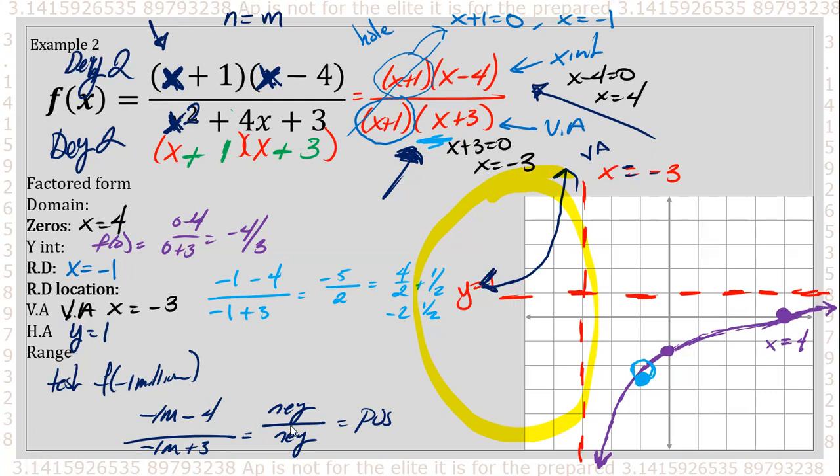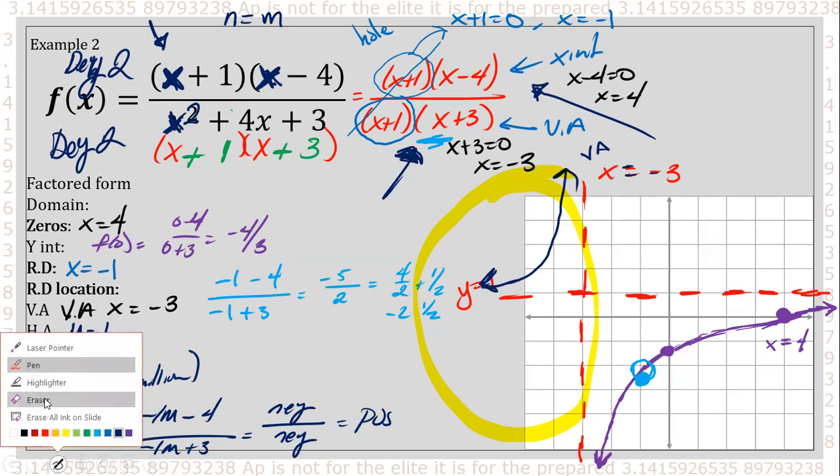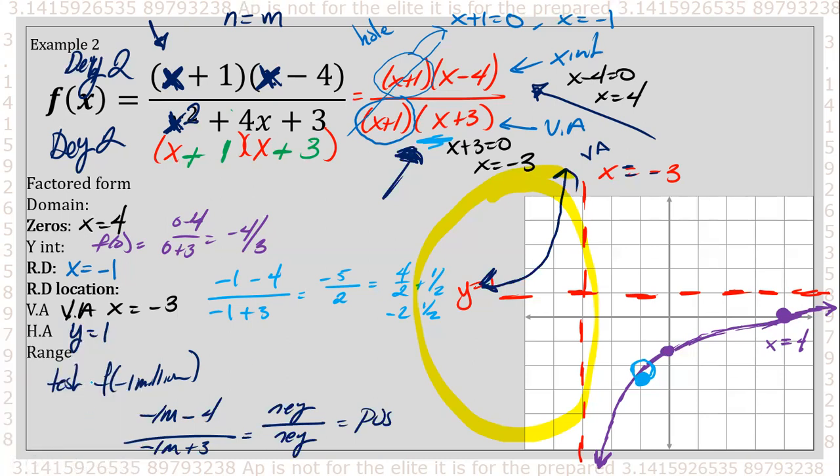Okay. Last but not least, guys, I'm going to go ahead and talk about the domain and range. I tend to forget that. So here is my domain. My domain is pretty much telling me how far left, how far right can I go. So hopefully you're able to see that the domain is as far left as you can go, right? So negative infinity all the way to this asymptote, so negative 3.